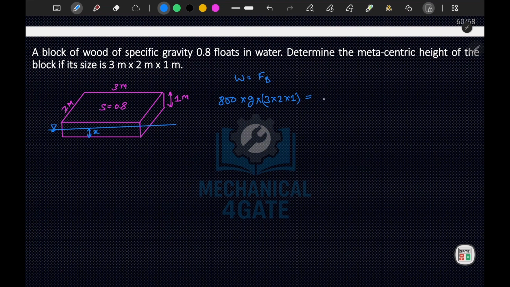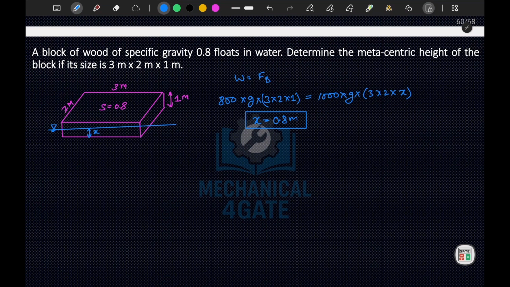Fv is given by 1000 into g into 3 into 2 into x. So from here we can calculate x is equal to 3 into 2 will cancel out, and g will cancel out. So this will be your 800 divided by 1000, that is 0.8 meters. It means that 0.8 meter of the wood will be submerged in the water.